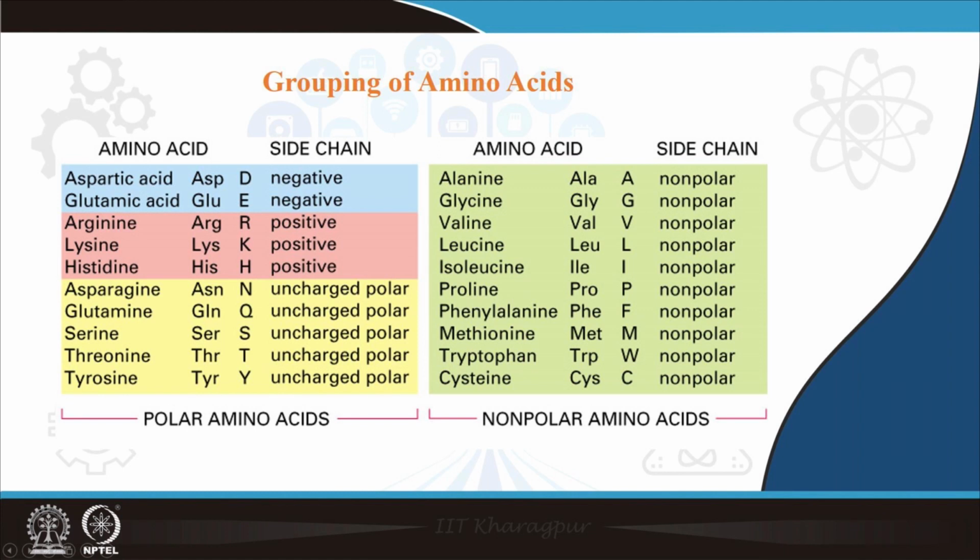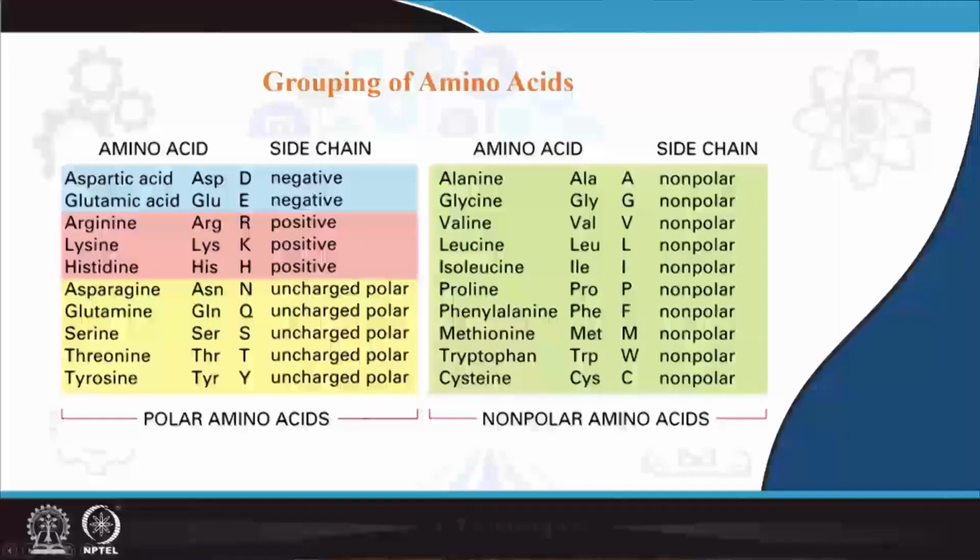Now, if you go to different sites or even different books, there are subtle differences in the groupings. But that doesn't really matter, because we will be looking at the gross groupings, meaning that we will be looking at aspartic acid and glutamic acid.